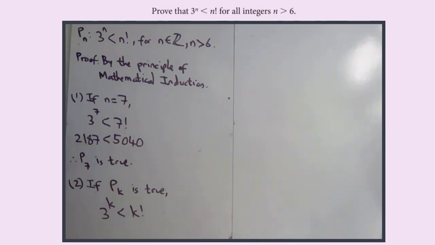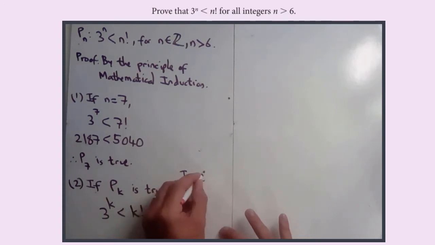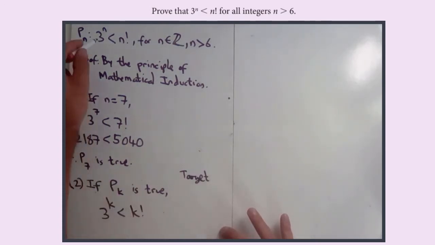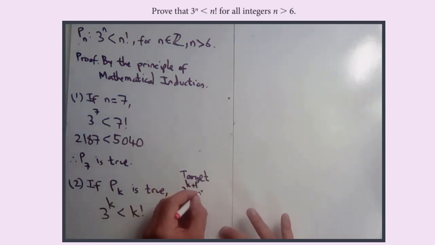You might think about a target. What we want to show is this, but n is replaced by k plus 1. So we want to show that 3 to the power k plus 1 is less than k plus 1 factorial.